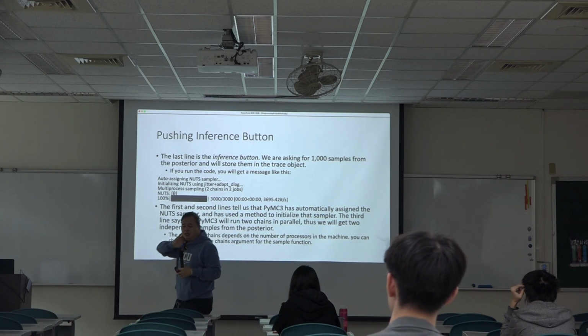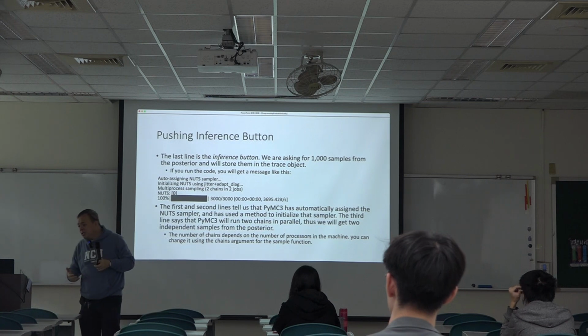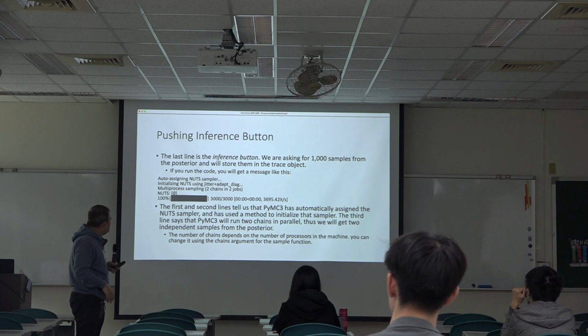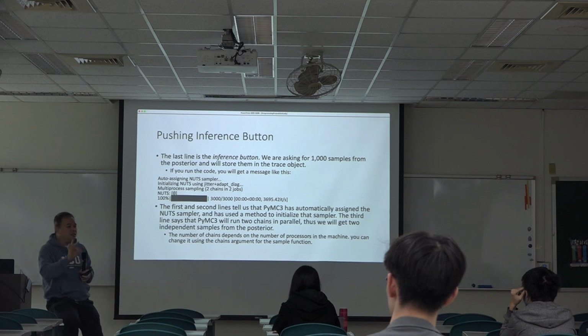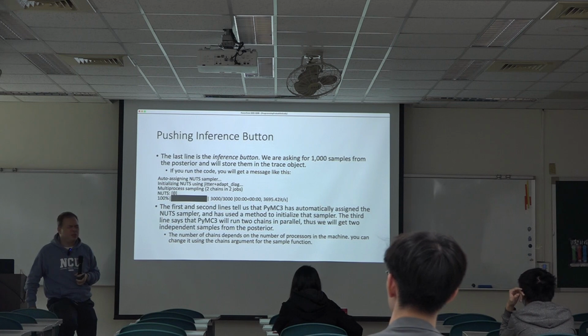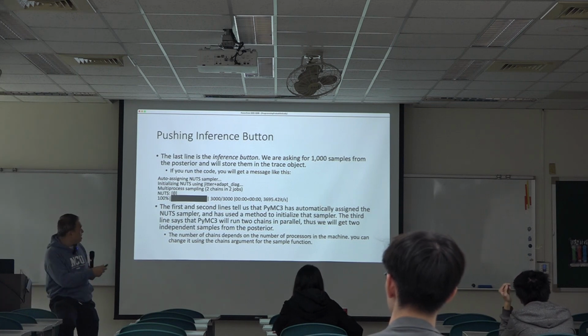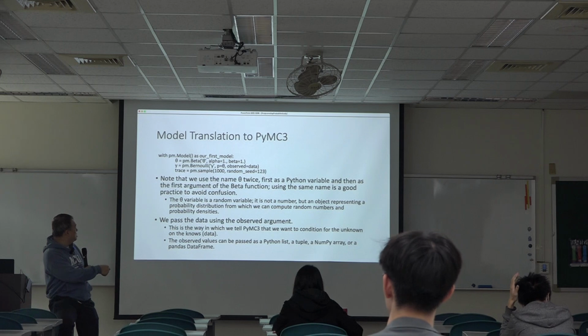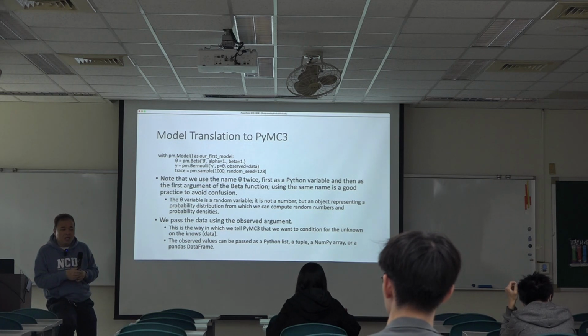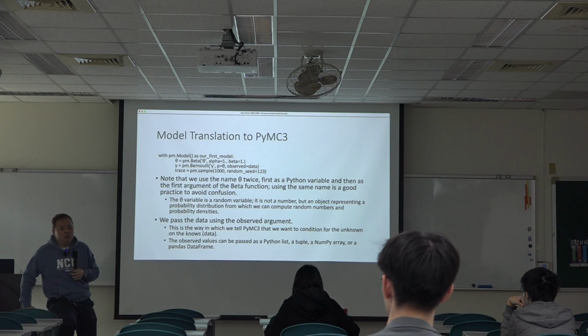It means this sampling actually collected 3,000 samples for you. But you may wonder, wait, previously we said we want 1,000 samples, and because we have two chains, each with 1,000, it should have been 2,000. So how come it's 3,000?